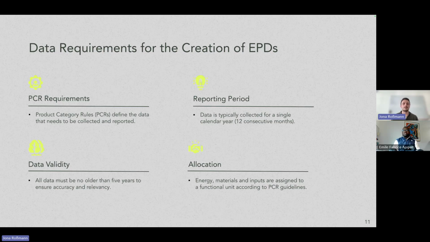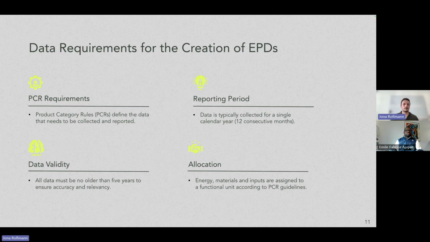So allocation is the method by which you assign energy, materials, other inputs and outputs to a specific unit of your product that you want to declare the EPD for. And the PCR will also tell you how this allocation approach should be done.